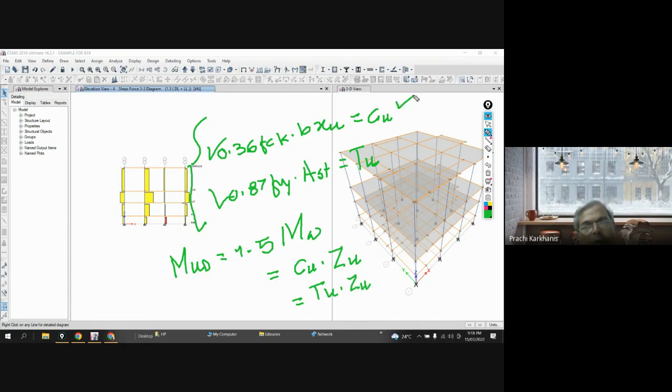See, calculation of Cu or Tu, यहाँ पे आपने फैक्टर ऑफ सेफ्टी फॉर मटेरियल अप्लाई किया और यहाँ पे आपने फैक्टर ऑफ सेफ्टी फॉर लोड अप्लाई किया. Okay. And then you are comparing this with this, and whatever reinforcement you get, you are providing in the element, whether it is beam, column, etc.